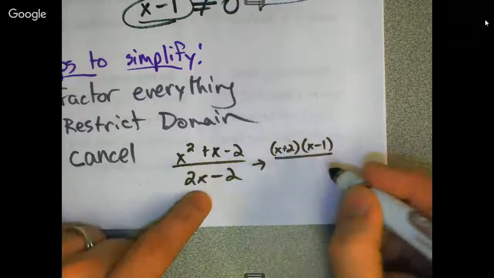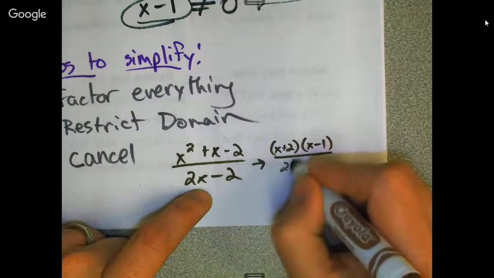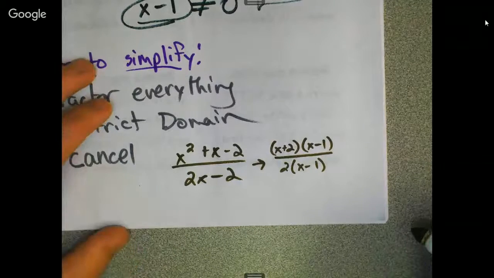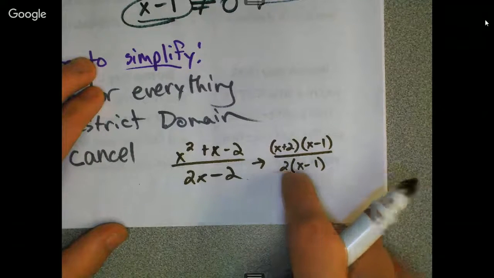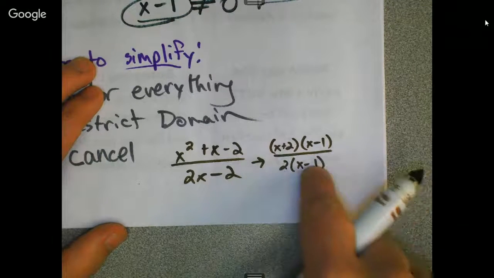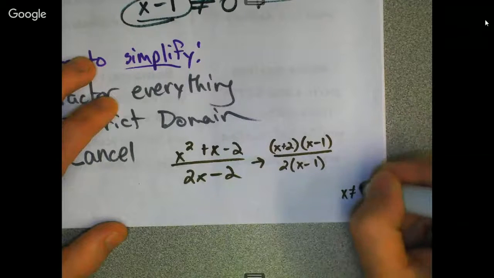Then down here we're just factoring out a greatest common factor. Now I need to restrict the domain, so I look at the bottom and figure out what can't be 0. A 1 will make this a 0, so we're going to say x cannot equal 1.